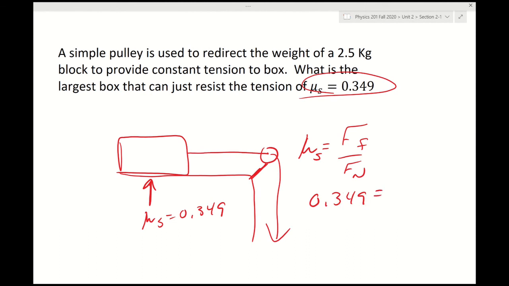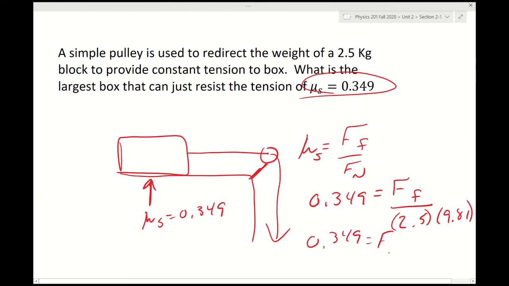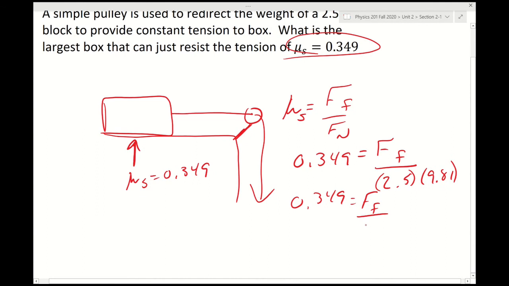So 0.349 equals the force of friction over, well, the normal force, since this is a vertical situation sitting kind of on a tabletop or something, mass times the absolute value of acceleration, since it's going up, 9.81. 0.349 equals FF over 24.5.